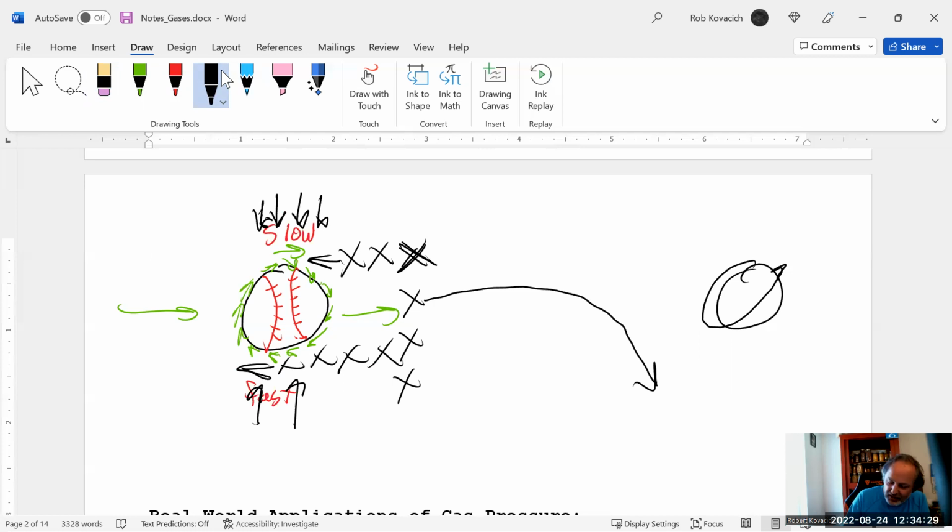Then over here, and it's traveling away from us, then we're going to have slow here and fast here, and this ball is going to sink this direction. So depending on how it comes out of the pitcher's hand, the ball is going to go that direction or any angle below. The ball doesn't go up for baseball.